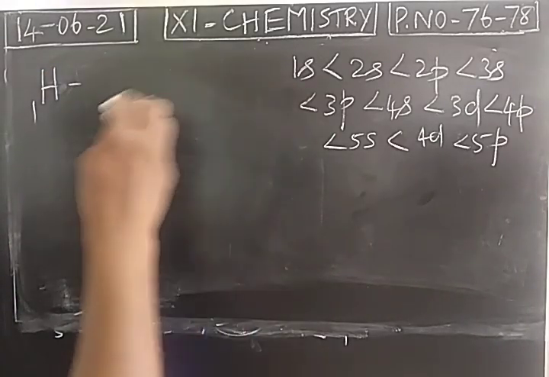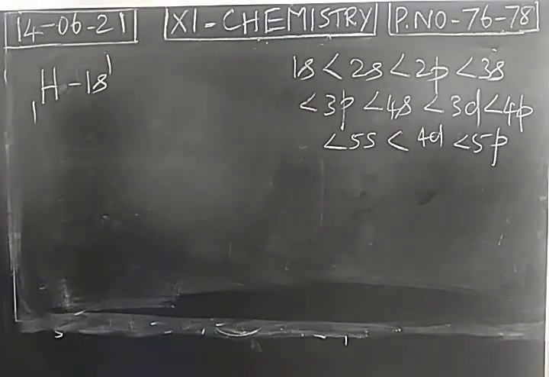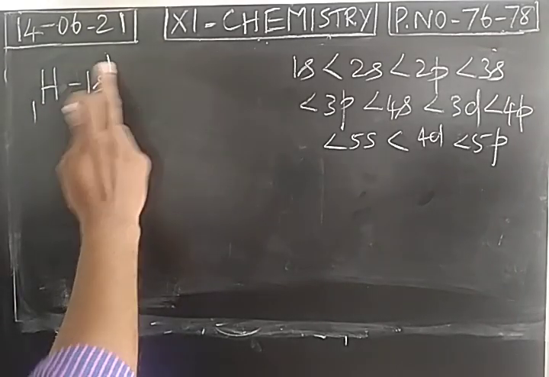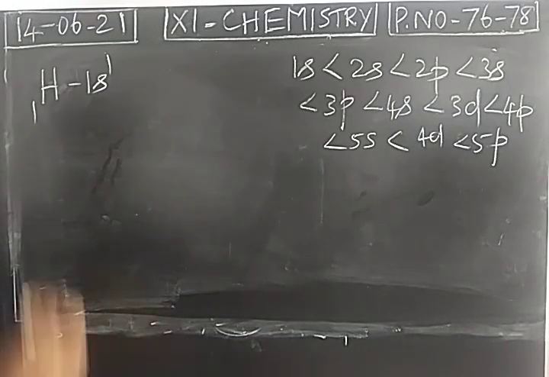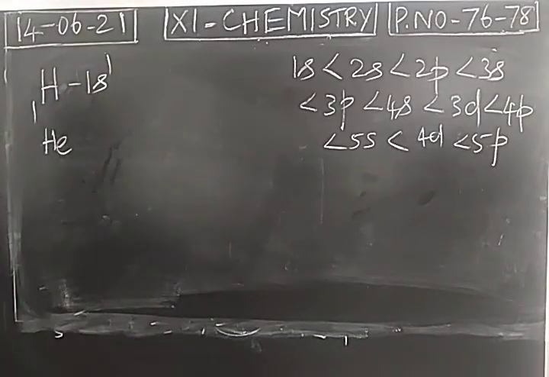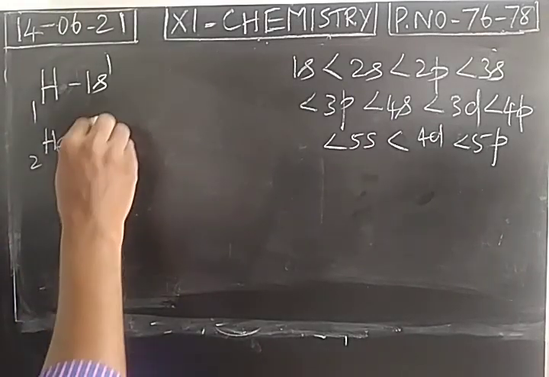The least energy orbital, 1s. So how can we write the electronic configuration? 1s1. Electron of a hydrogen atom is placed in 1s orbital. Then you take helium, atomic number 2. 2 protons and 2 electrons are present. How will the 2 electrons be placed? 1s2.